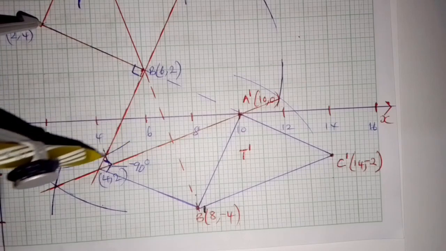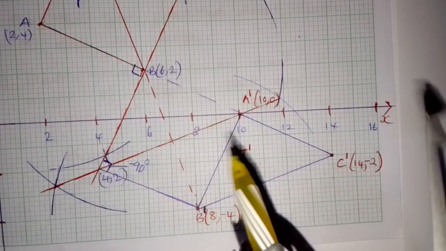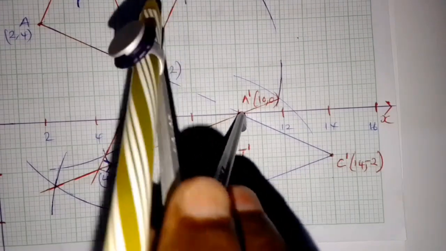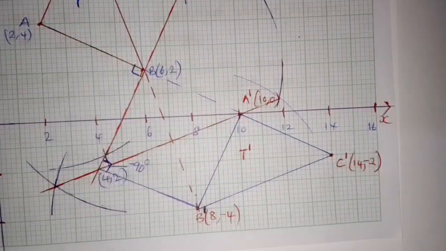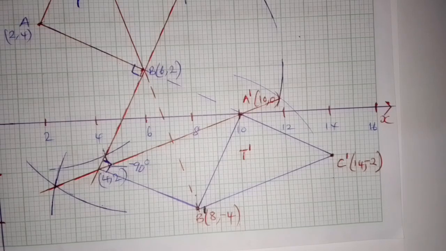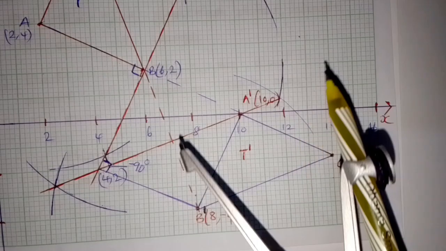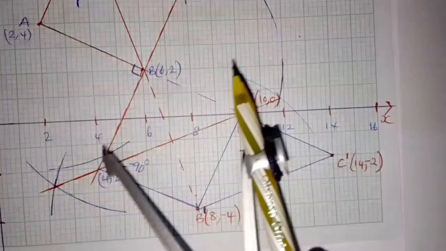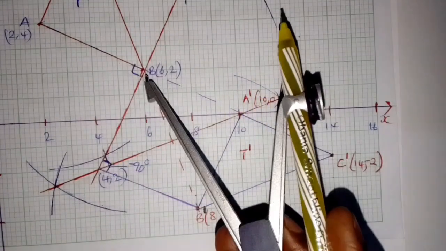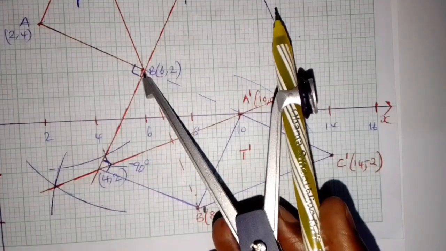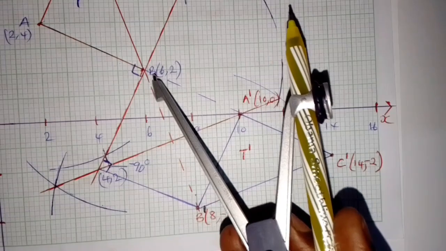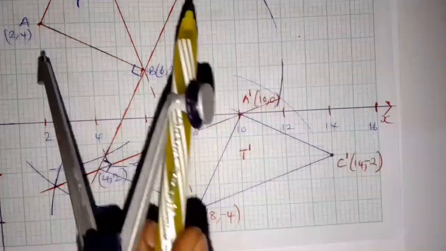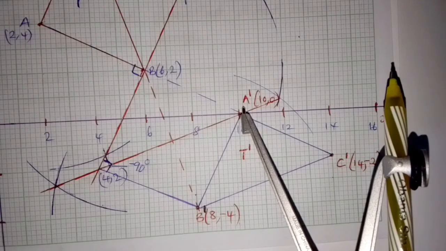We have drawn it here, and on this other side here. After drawing it, we join this point to this point, and it is going to give us 90 degrees here. That means that this line is perpendicular to A A prime.